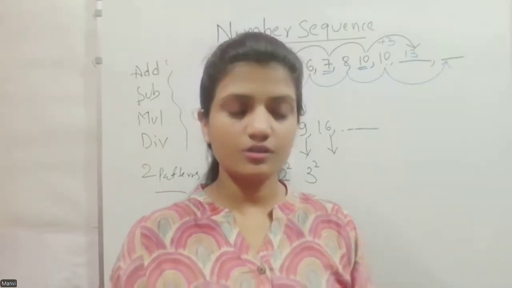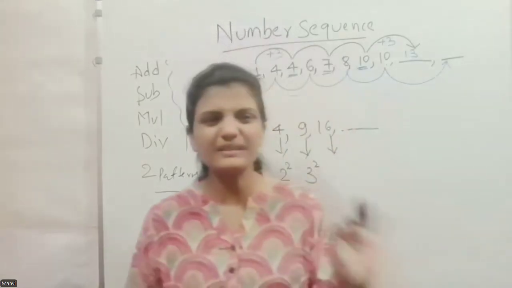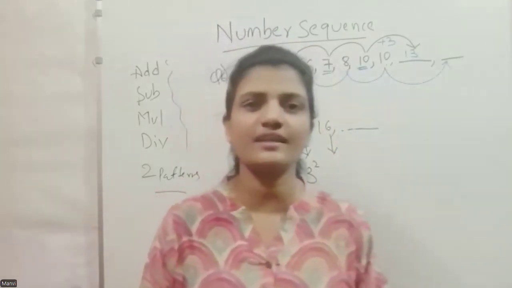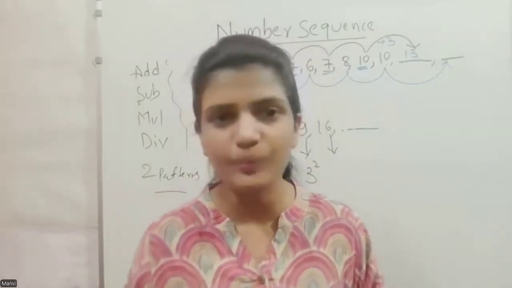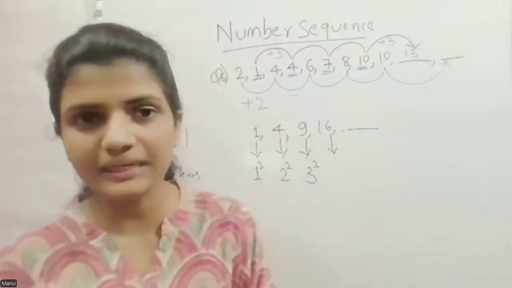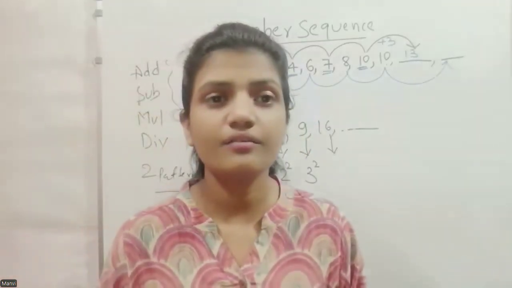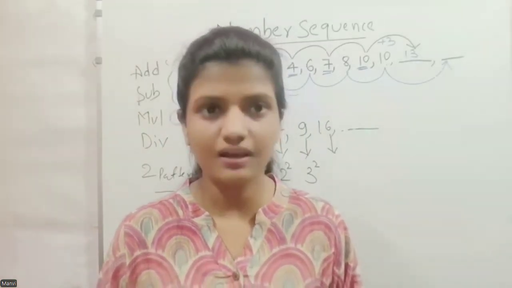Okay? So now I think you understood this number sequence. It's a little bit confusing, but after practicing, I guarantee you both understood very well. So it's time for a break.